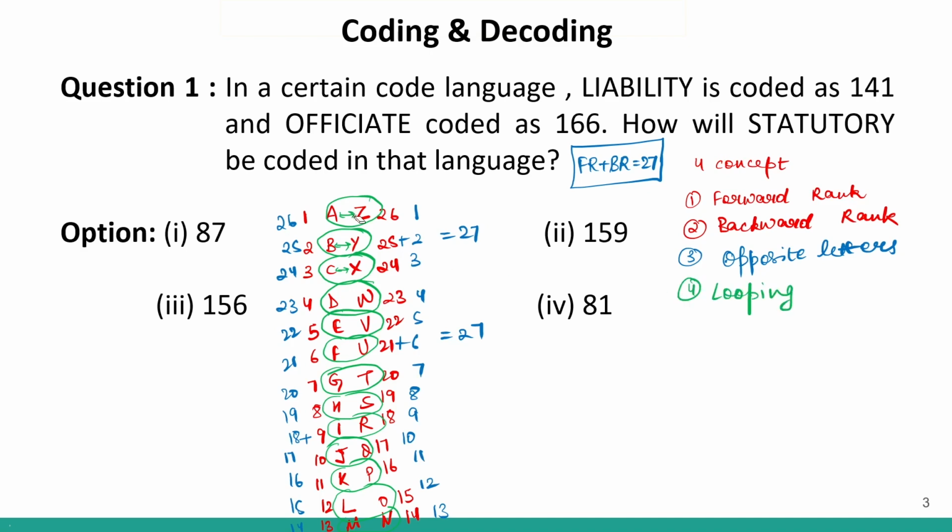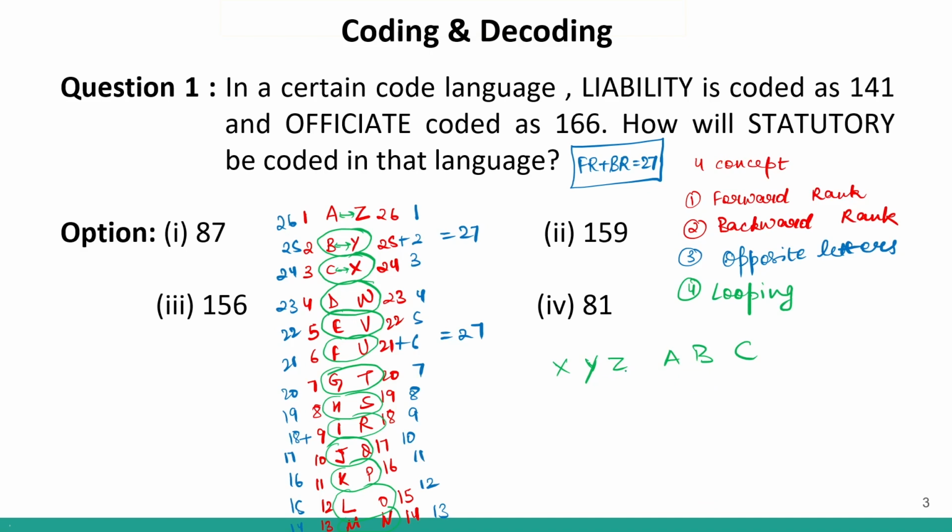Looping basically means that, for example, I am writing the alphabets like X, Y, Z, A, B, C. If I have to go one position forward from A, I can move forward simply to B, because there is an alphabet. But what if I have to move one position forward from Z?